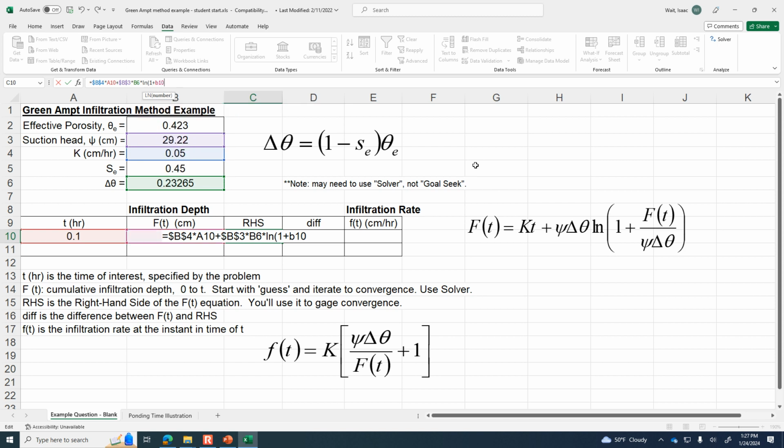I can't click on the location because the equation itself is on top of the cell I want to click on. So that's why I've just typed in the value there. So 1 plus f sub t divided by soil suction head, anchor that reference, times the delta theta, and anchor that reference. And so let me just make sure I need to anchor this one.